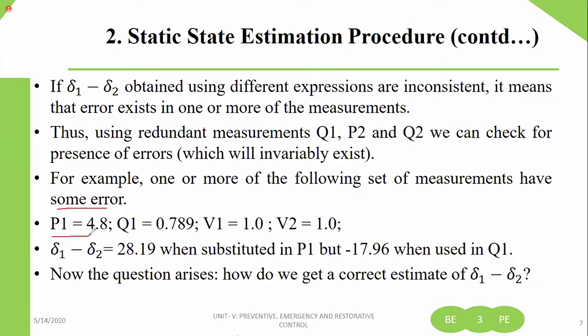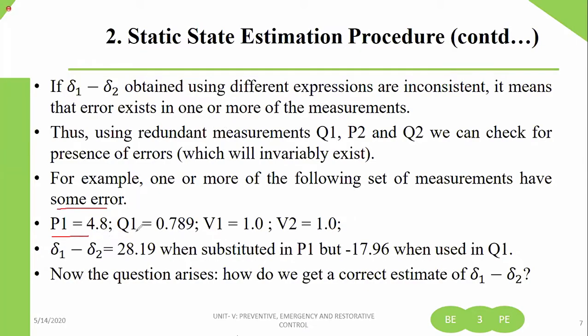The earlier example will give 30, you try to solve this. But here, just to show that if there is an error in the measurement of P1, Q1, V1, and V2, then you will not be able to estimate the power system state accurately.